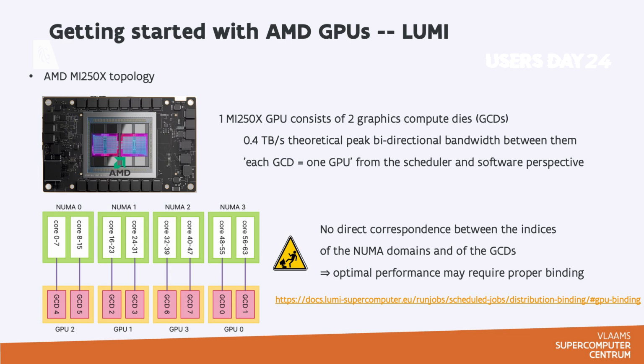The indices are a bit scrambled, and if you are on one of the first 8 cores, it's actually the GPU with index 2 to which you have the highest affinity.